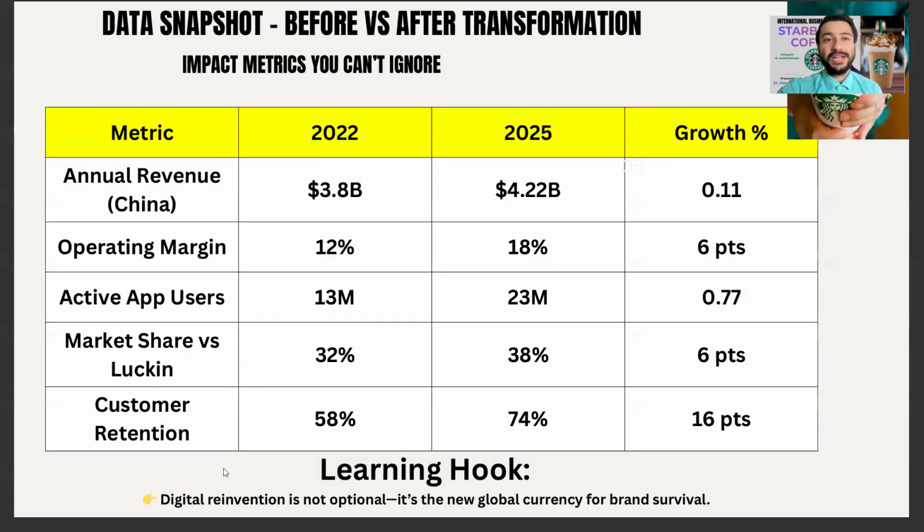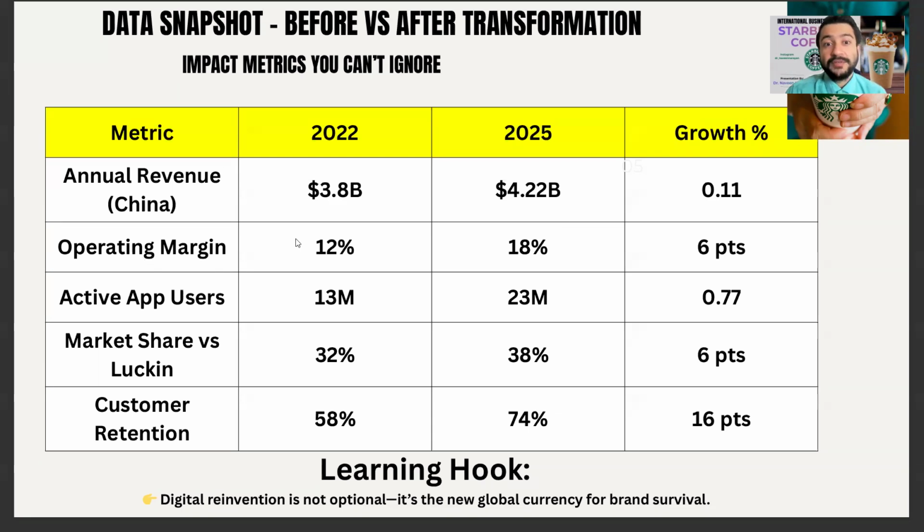So if I go with the data snapshot, the impact metrics before and after the transformation, the metrics are clearly in front of your eyes. Annual China revenue from 2022 to 2025 went from $3.8 billion to $4.22 billion, a very impressive hike, that is 11 percent growth.